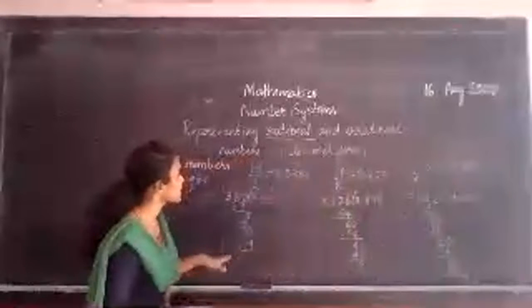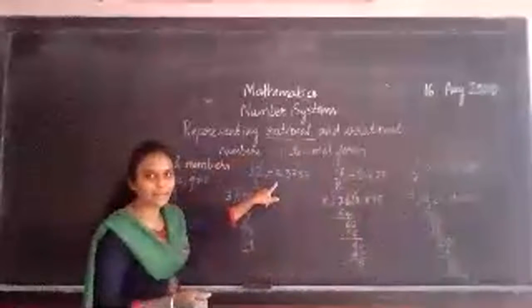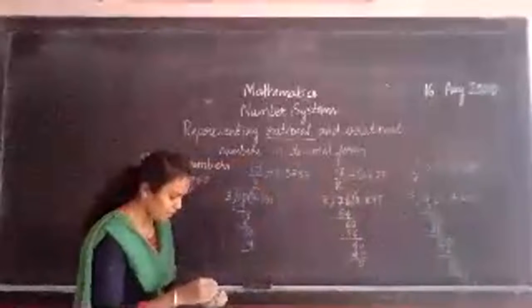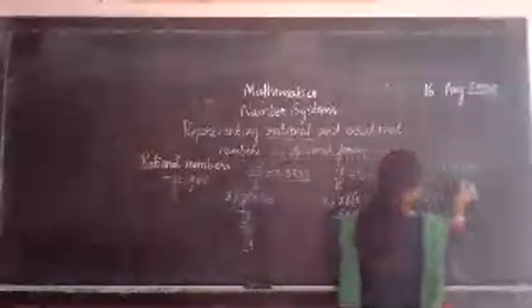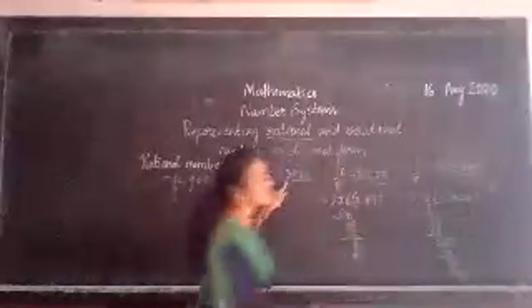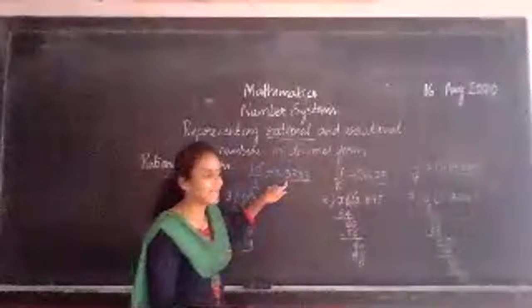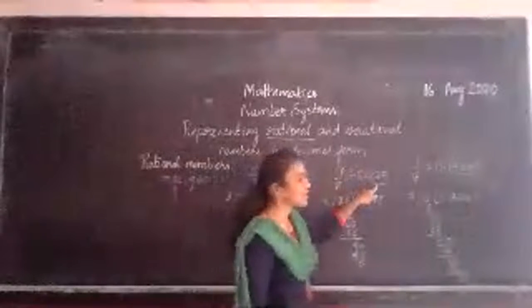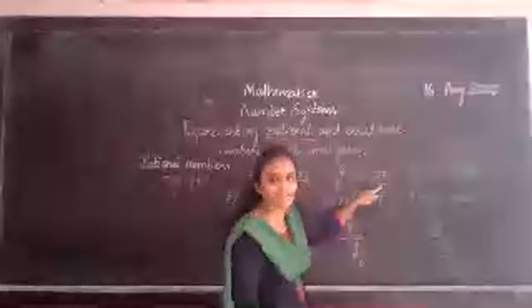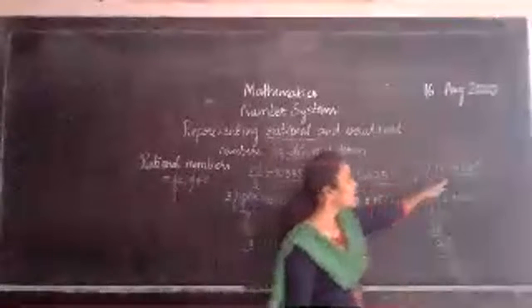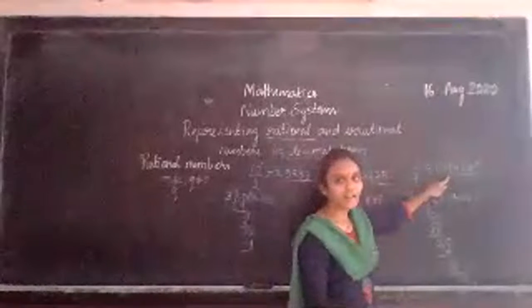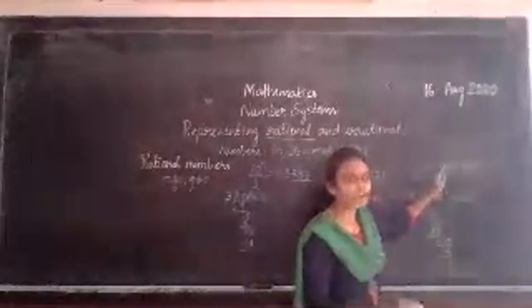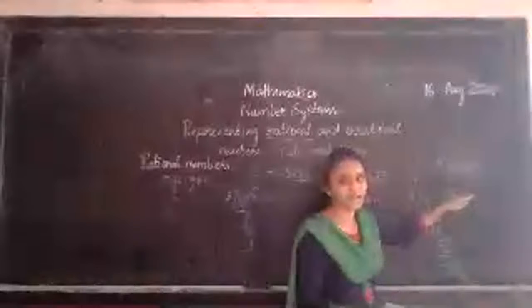Now check. Here, in this decimal format, the number 3 is repeating. Here the number is terminating and there is no repeating. Here the number is not terminating and it is not repeating also. Not terminating, not repeating. Understood?